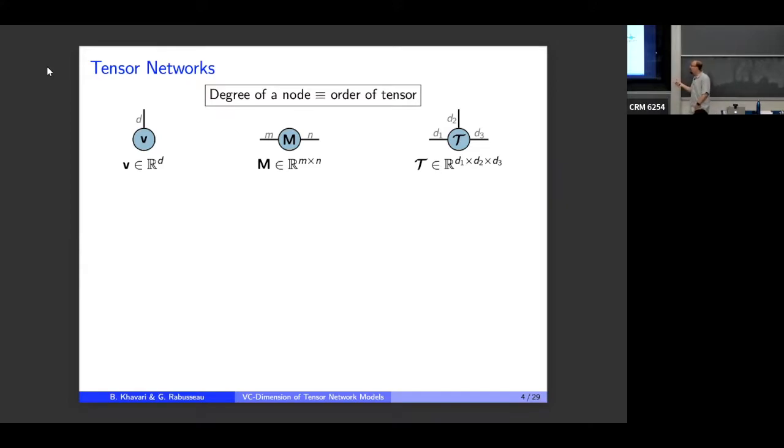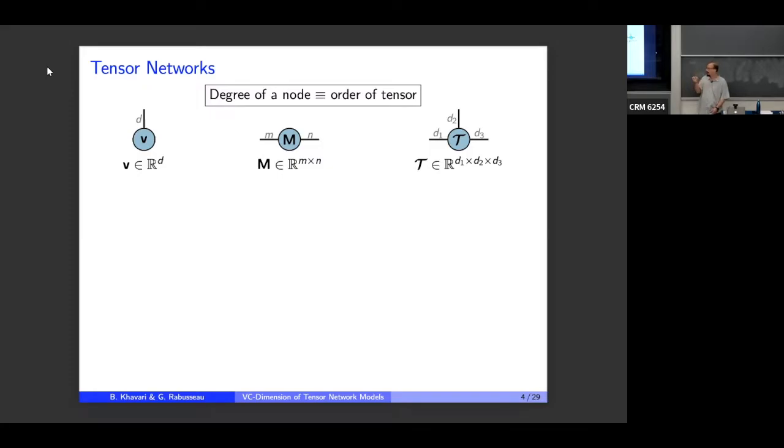So here I will not reintroduce what a tensor is, right? We will think mainly of a tensor as a multidimensional array of numbers. So a vector is simply a one-dimensional array of D numbers. M is a matrix of size M by N, so a two-dimensional array of numbers, and a higher order tensor T here, D1, D2, D3. In tensor networks, we represent tensors as nodes in a graph.